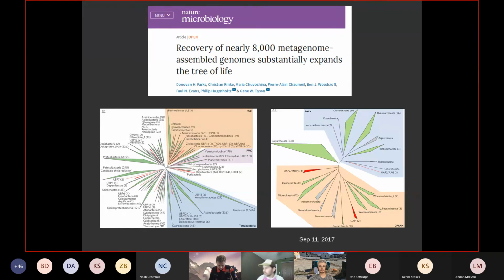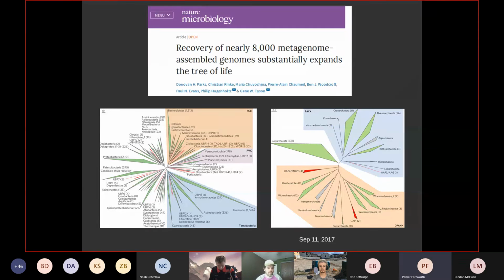People went into some extreme environments, some soil, Antarctica, near volcanoes, all this stuff, and they took these samples and sequenced every piece of DNA they could find in there, stuck them back together computationally, and they found 8,000 new genomes that don't fit anywhere else in the tree of life.